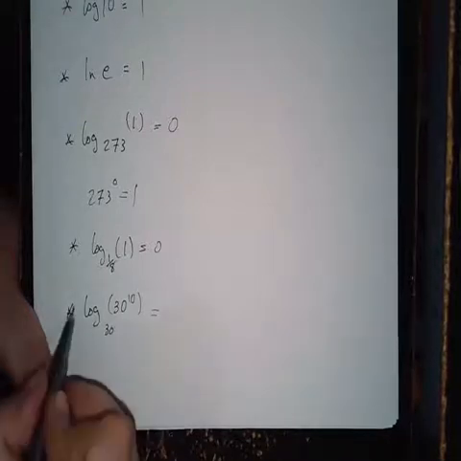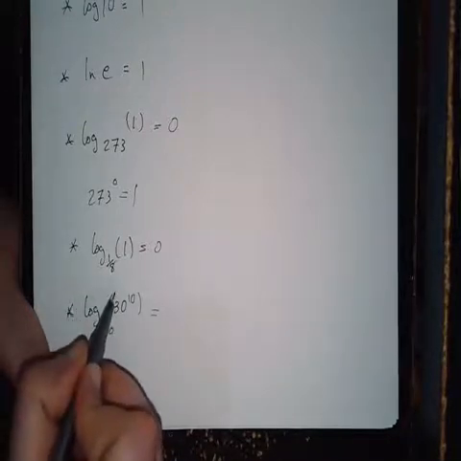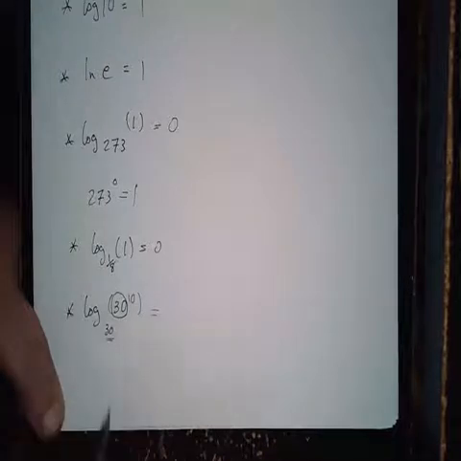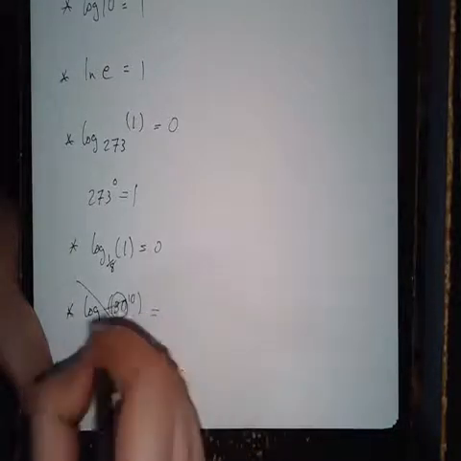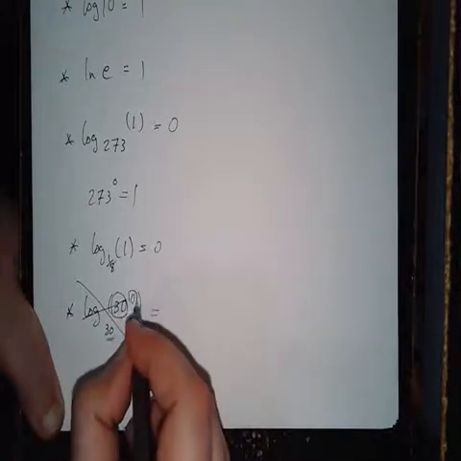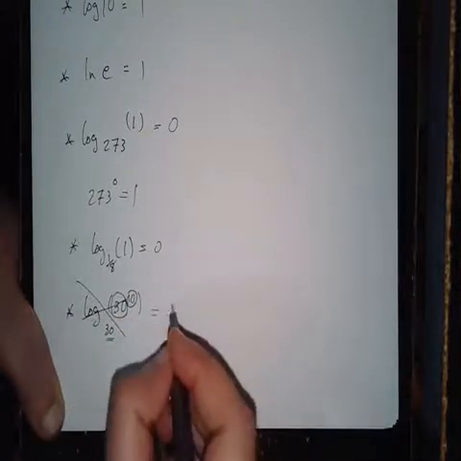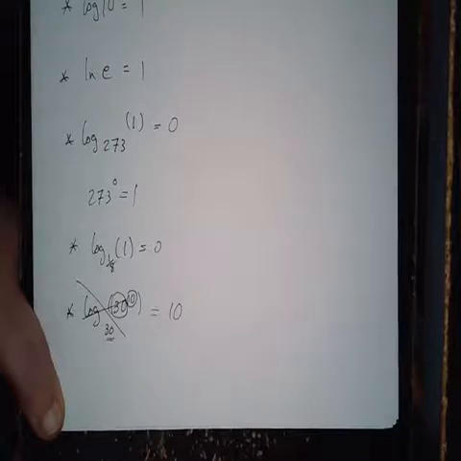So what happens here? You have a log and an exponential that has a matching base. These are going to cancel, and you're going to end up with whatever the power of the exponential was, which is the 10. Make sense?